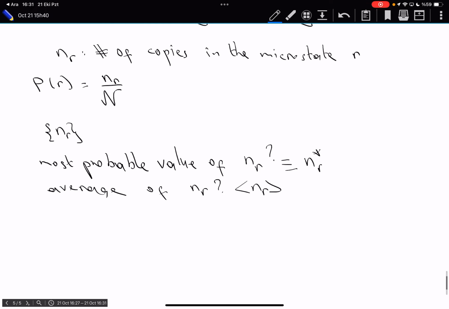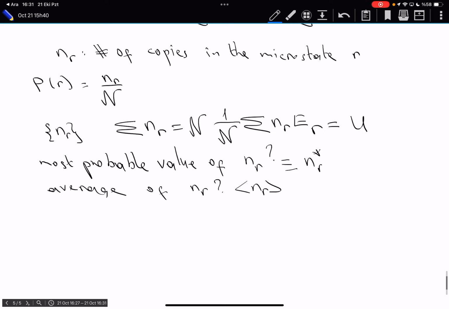Of course these numbers have constraints. The sum of N_R is equal to the total number of copies in my ensemble. Furthermore, the average energy, when I divide by N over here, is U. So I have these constraints.